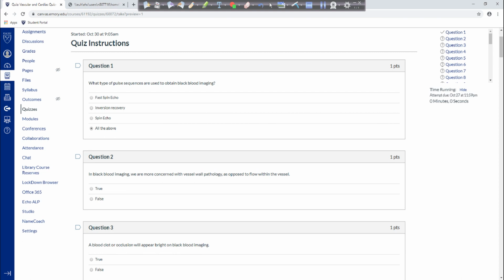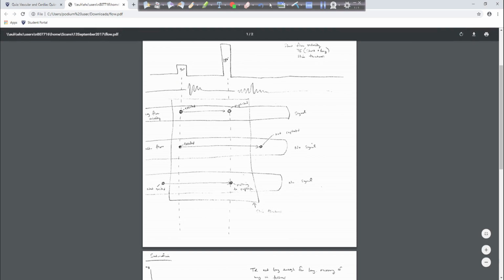I have this PDF document back from when we covered flow, but this really helps to hit home this first question. Most of our blood flow that we're imaging in MRA sequences, where it's really concerned with the arteries, is very fast, and these spin echo pulse sequences are too slow to catch flowing blood.